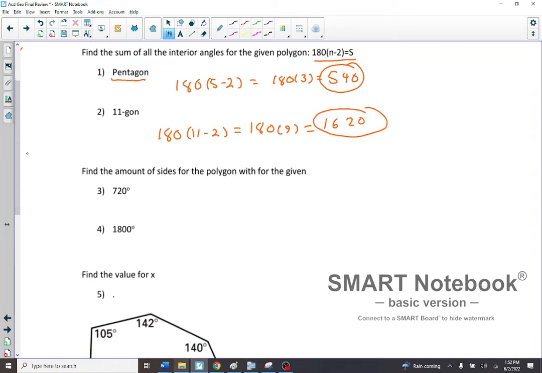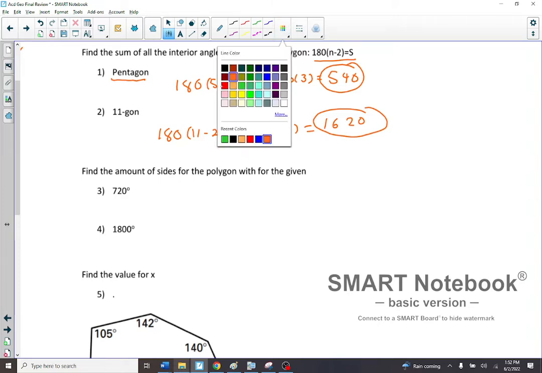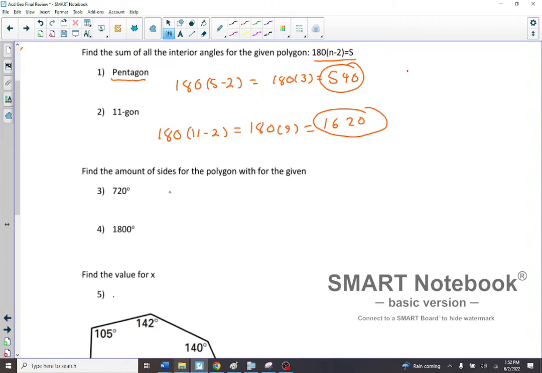In the next one, the difference is you're doing the end part, so the answer. So you have 720 equals 180 times n minus 2. You have the solution, you need to find n. I will give you the equation, yeah. So what you're going to do is divide by 180 first.